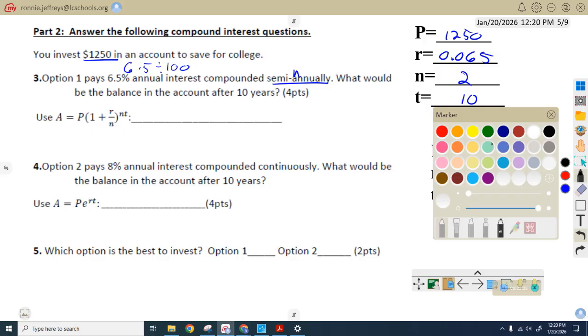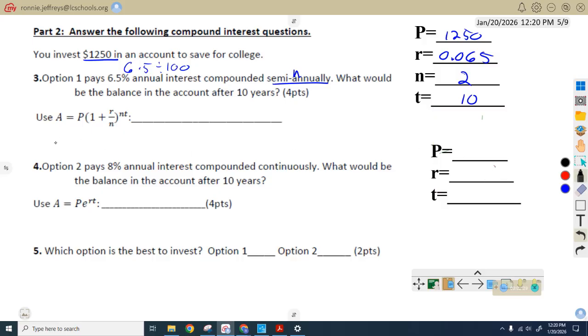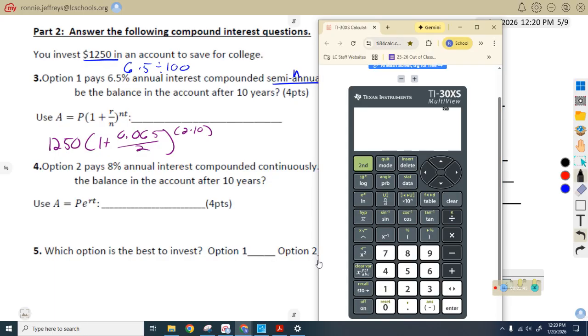So if I'm plugging this in, 1 plus 0.065 over 2 times 10. Now, this is a calculator problem. 1250, parentheses, 1 plus n over d, 0.065 over 2, 6.